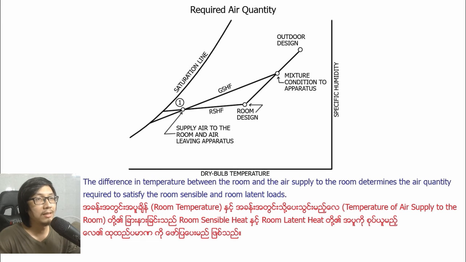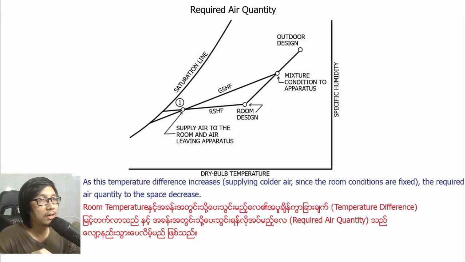The difference in temperature between the room and the supply air to the room determines the air quantity required to satisfy the room sensible and room latent load. As the temperature difference increases, the required air quantity to the space decreases.